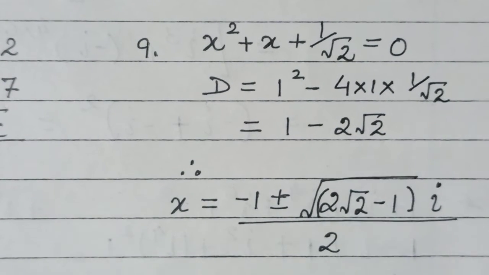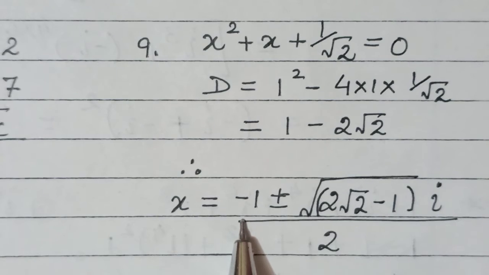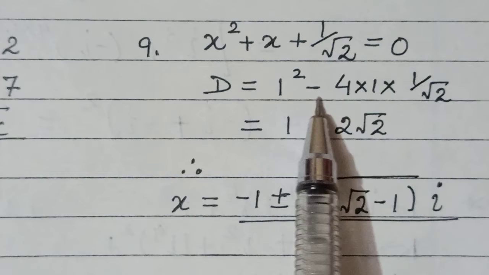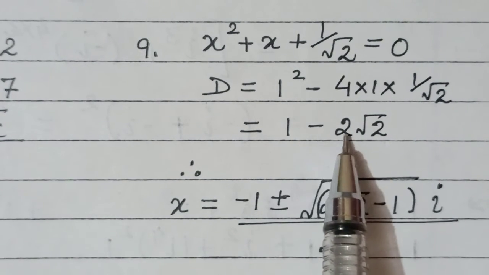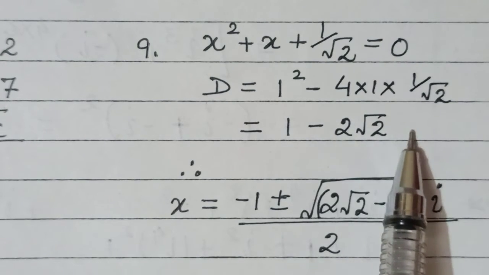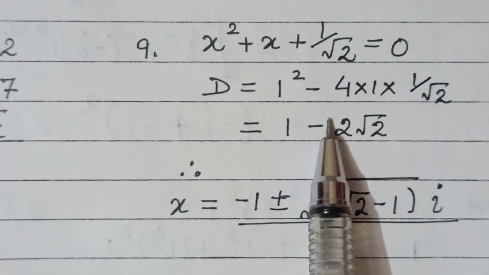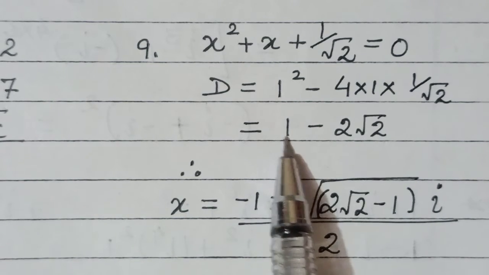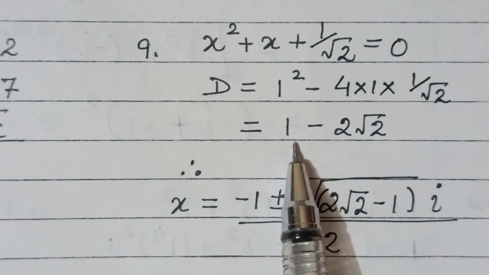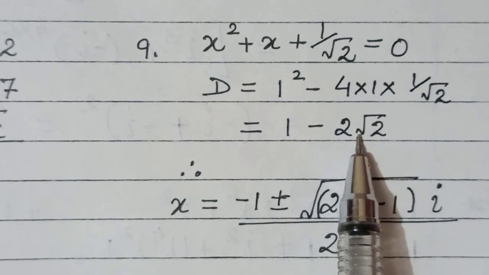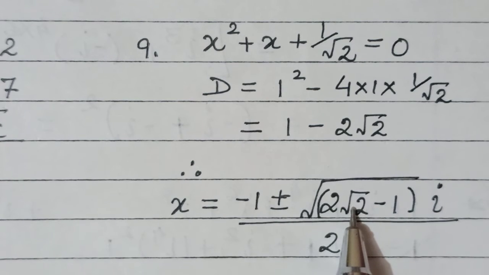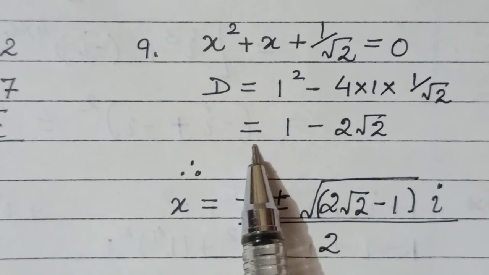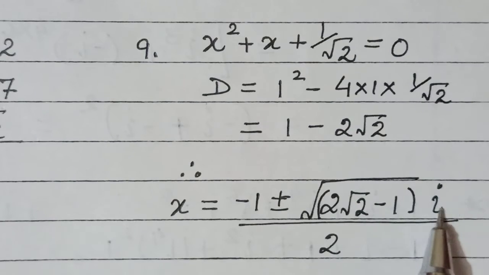Now when we put it in the formula, minus of b was 1 here, minus b plus minus, and when you're considering the under root of this number, obviously it is negative, because 1 and minus 2 root 2. This number 2 into root 2 is greater than 1, so the result will come out negative. When you write it, it's always the bigger number minus the smaller number, so we take the minus sign common and write it as 2 root 2 minus 1, and the under root of that minus 1 will be written as i.